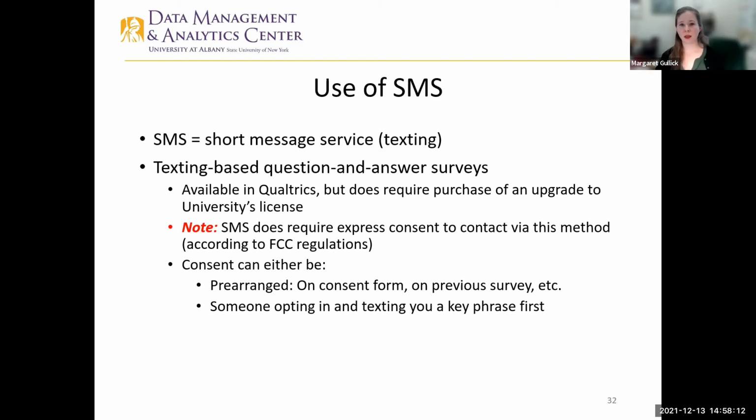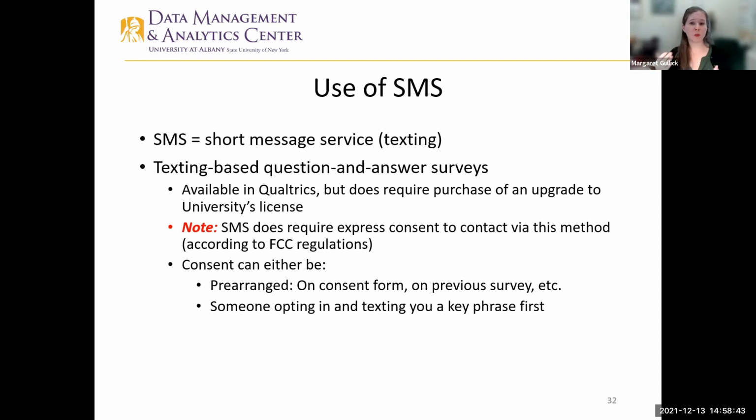We want to note, if you do texting surveys, it requires express consent to contact participants through this method. This is by FCC regulations. Consent can either be prearranged, so you can get consent on a consent form on a previous survey. If you have something on there that says, can we contact you for follow-up through text message, and you get someone to sign off on that, you're good.